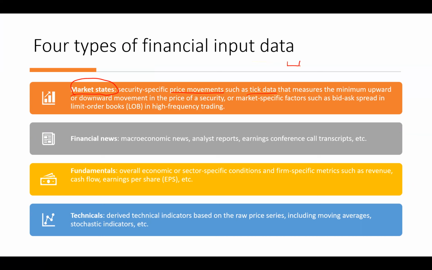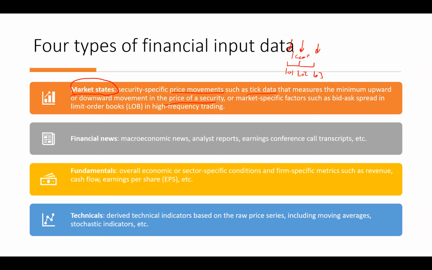For example, if 1 cent is our unit, it could go from $1.01 to 1.02, 1.03. This is our tick data, and at each price level we can have different volume for the stock. This type of data measures the movements in the price of the security, either moving up or down along the ticks.